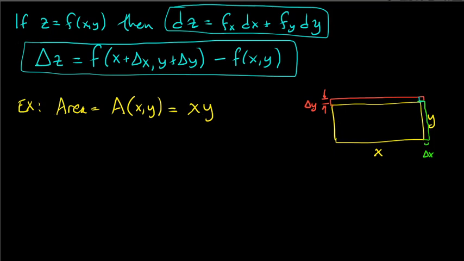And what is the new area? So the new area of the bigger rectangle, this rectangle here, obviously has a slightly bigger area. So this is the area of the first rectangle, the smaller rectangle, and then the area of the larger rectangle is just this.